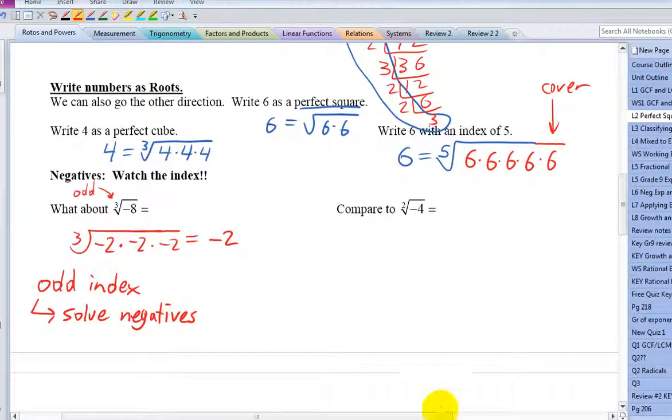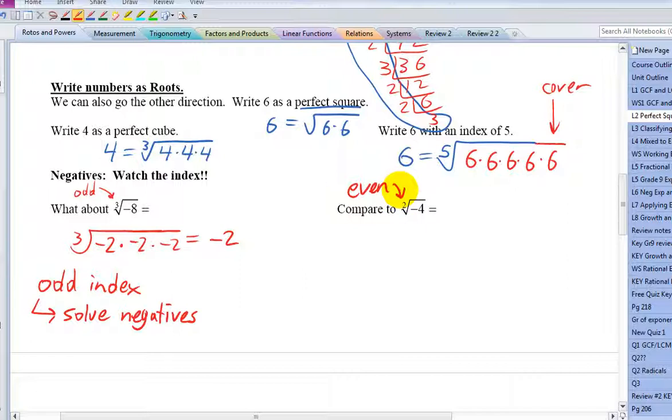Okay. But let's compare that here where we have an even index of 2. What 2 numbers multiply to -4 that are identical? Alex? Incorrect. Because -2 times -2 equals +4. Right? So we need a -4.